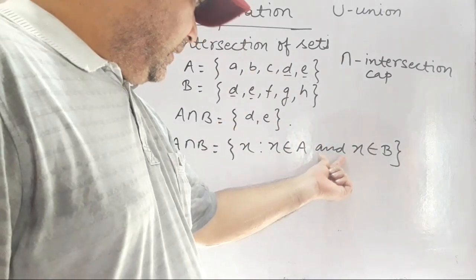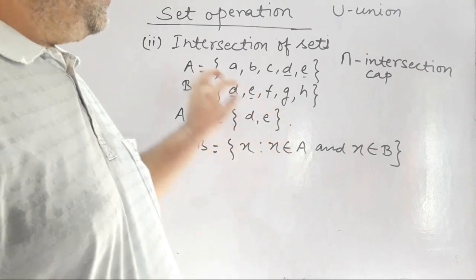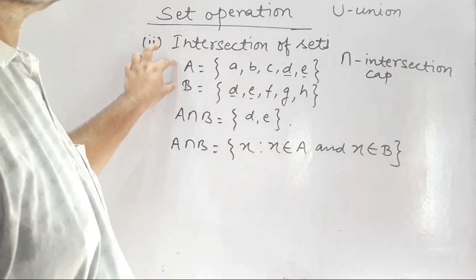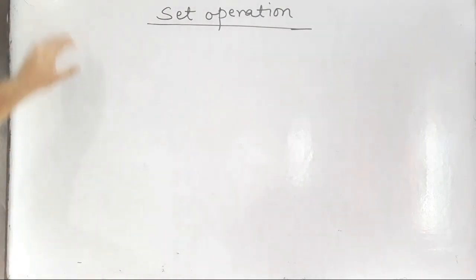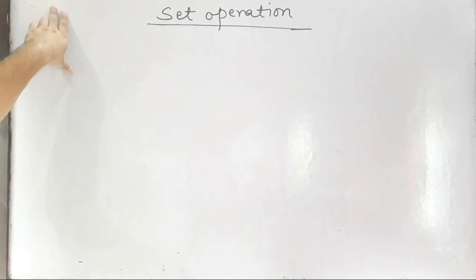Since it is and, we understand that the elements belong to both A and B. Let's study the different Venn diagrams of intersection of sets.